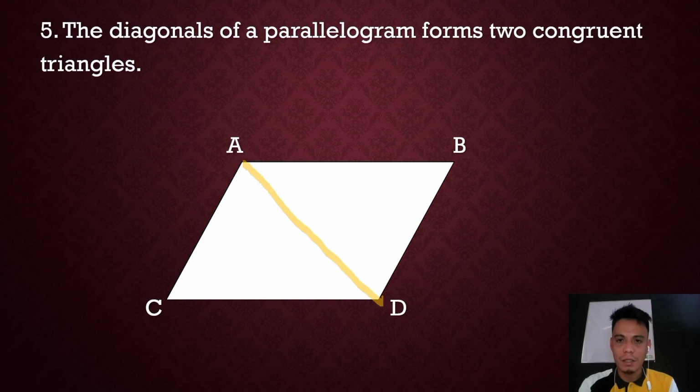So magiging triangle na yung mag-opposite na side. So this are triangle. So this would be triangle ABD, and triangle ACD. Since naging dalawang triangle na siya, magiging dalawang congruent triangles na po siya. So, that will forms two congruent triangles. Okay, so magkaparehas na po yung length ng triangle na iyon.